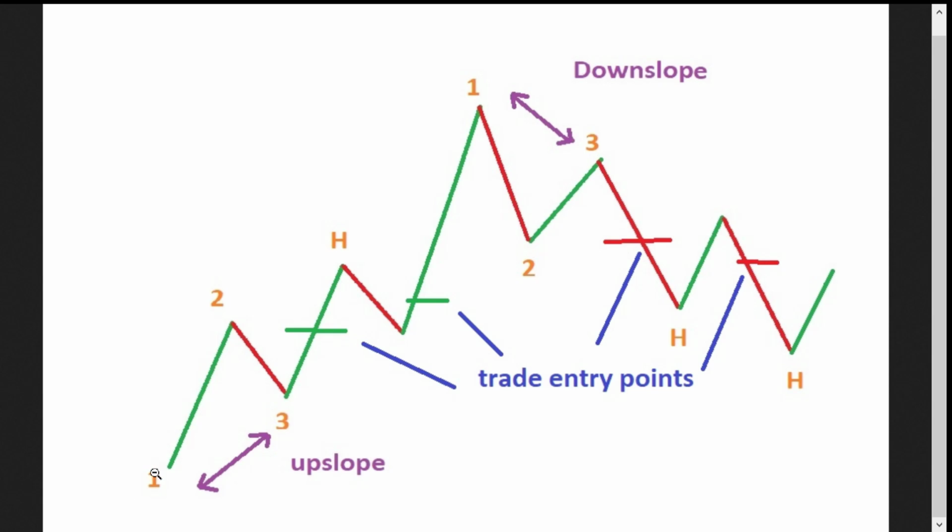And it's important that the number 1 point be lower than the number 3 point in the 1, 2, 3 bottom, and the number 1 point be higher than the number 3 point in a 1, 2, 3 top.